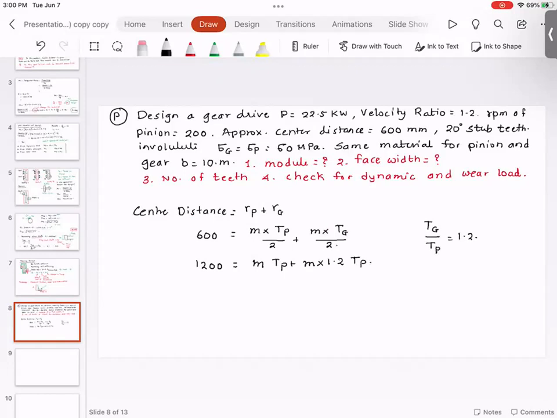So 1200 is equal to 1 plus 1.2 m times dp, and m times dp is dp.